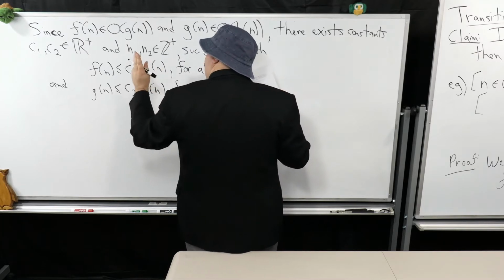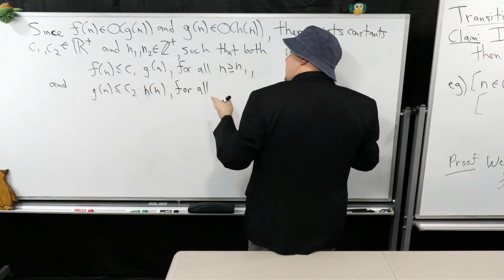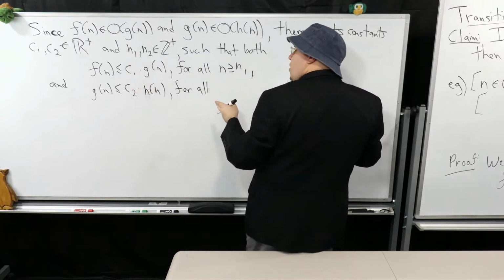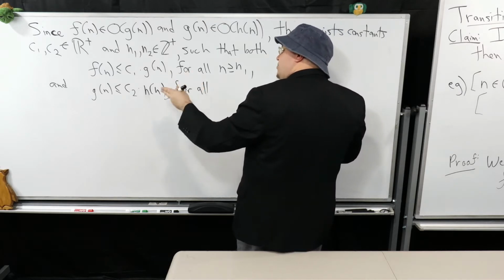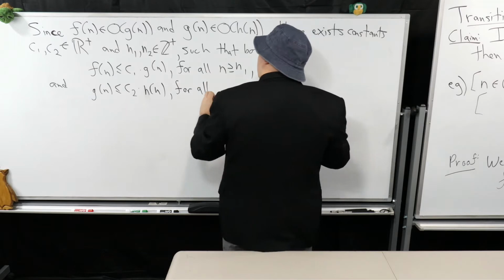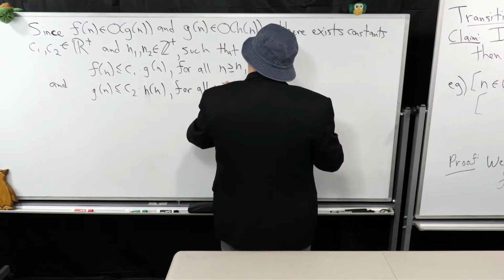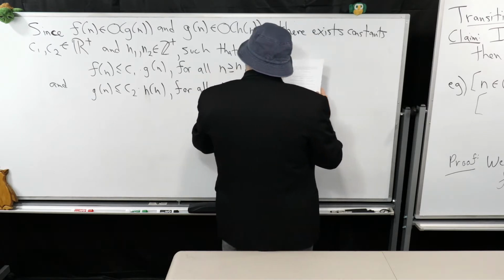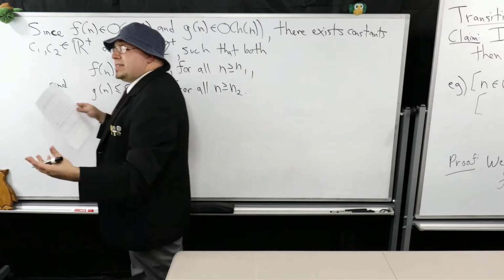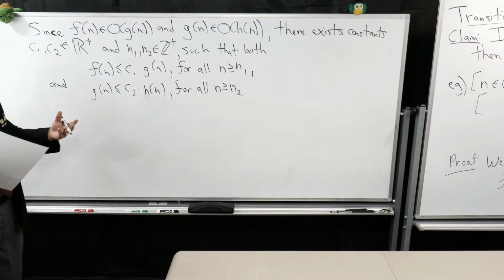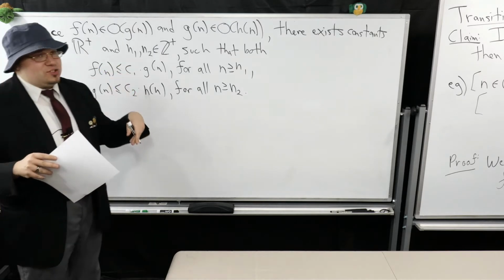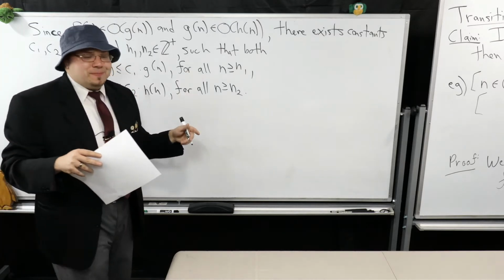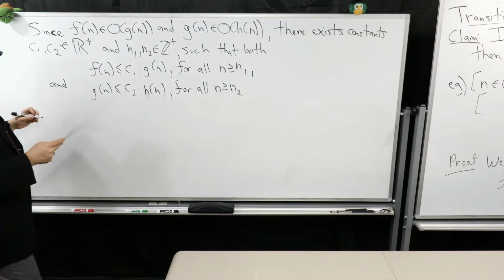So we have f of n is less or equal to c1 times g of n for all n greater or equal to n1, and g of n is less or equal to c2 times h of n for all n greater or equal to n2. I'm going to use the same strategy I did last time. Notice that both these inequalities would be true anyway if I picked the larger of these two constants, n1 and n2.